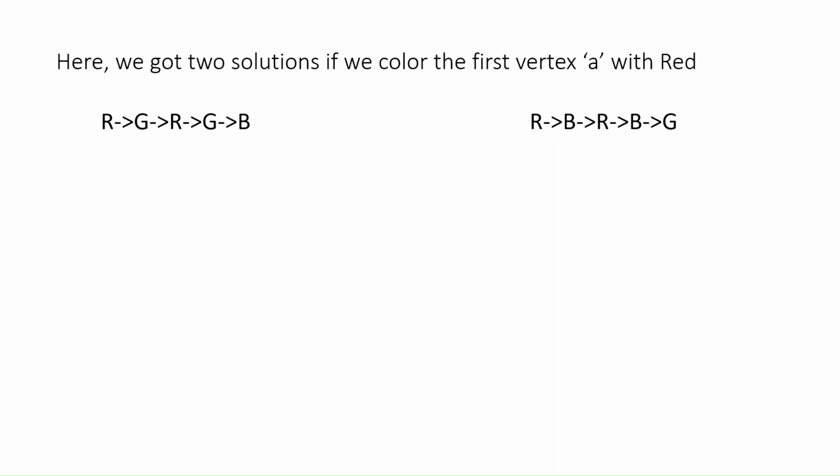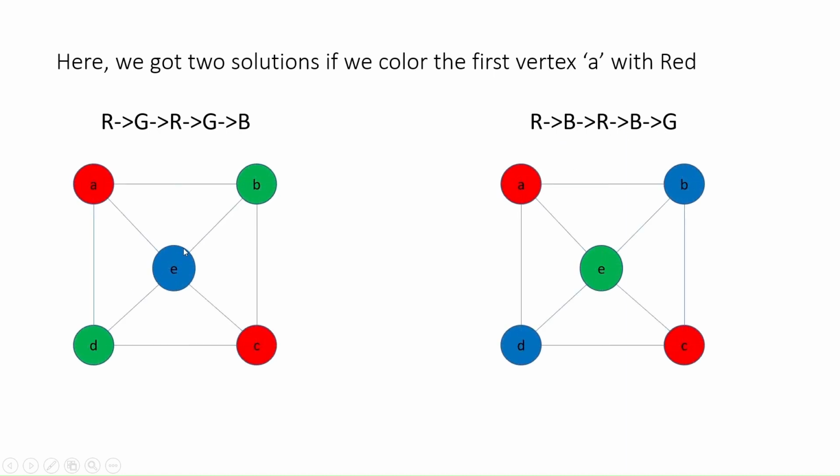The two solutions are green, red, green and blue, and the other one is red, blue and green. And the graphs are these two. So in these two ways we can color the graph if we consider the first vertex as red.